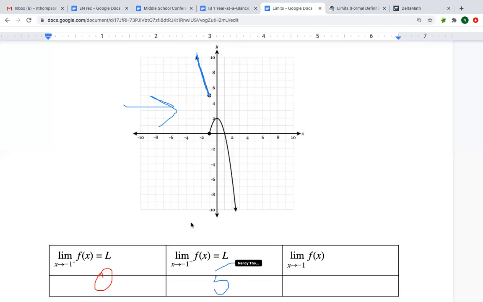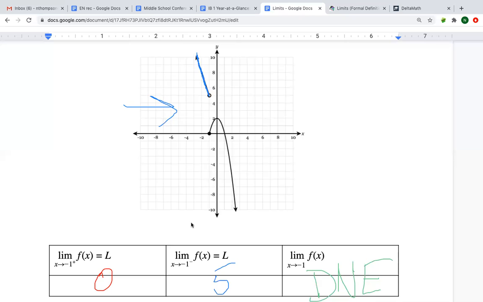So my limit from the left is 5 and my limit from the right is 0. Since they are not the same, the limit as I approach -1 does not exist.